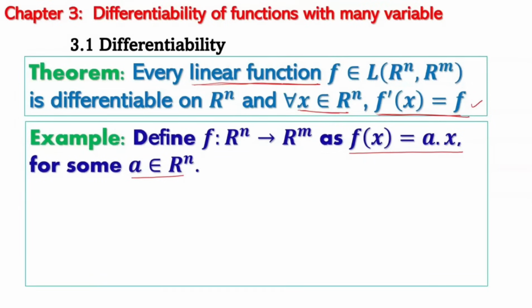Now from here we can easily show that f is linear. You can just take f of x plus lambda y and use the distributive properties of the dot product, and these functions will be linear.